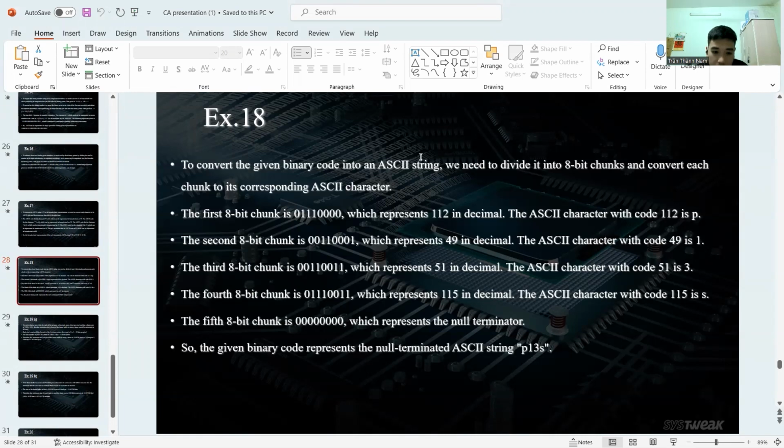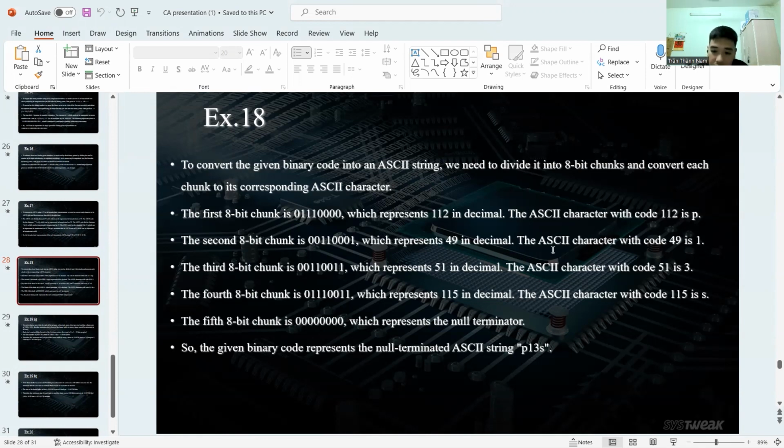The third 8-bit chunk is 00110011, which represents 51 in decimal. The ASCII character with code 51 is 3. The fourth 8-bit chunk is 01110011, which represents 115 in decimal.